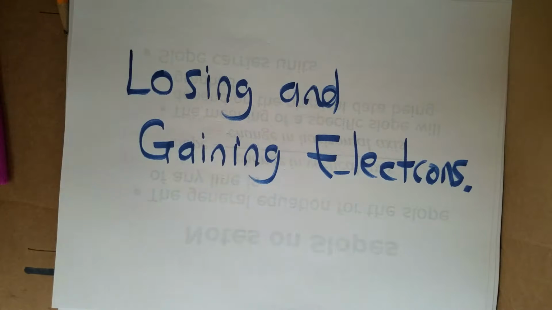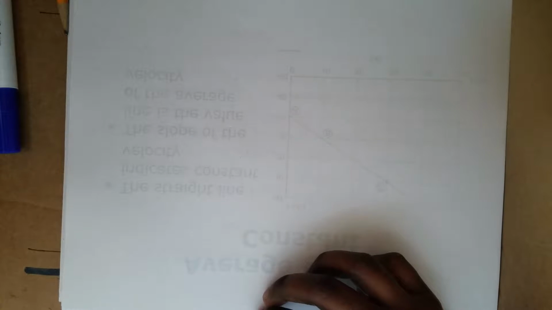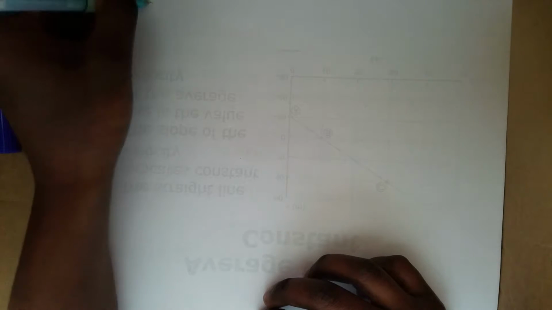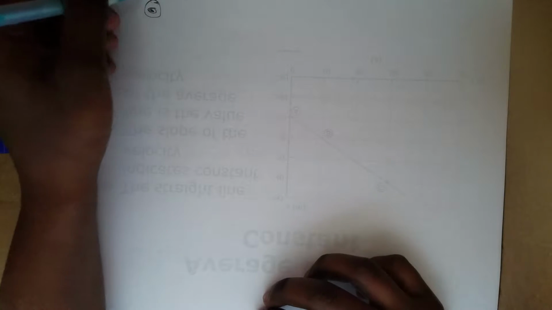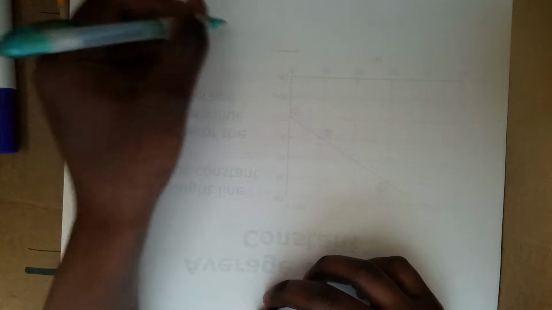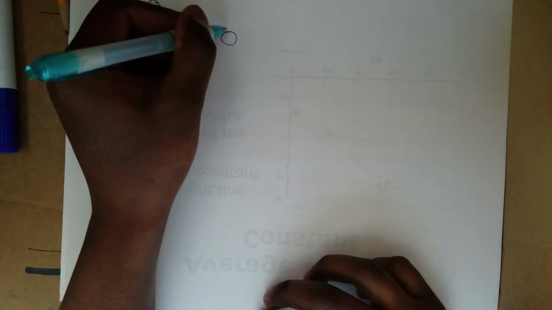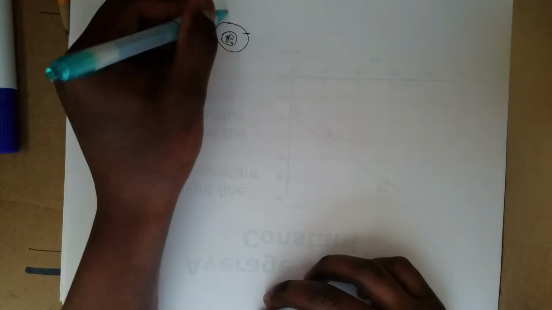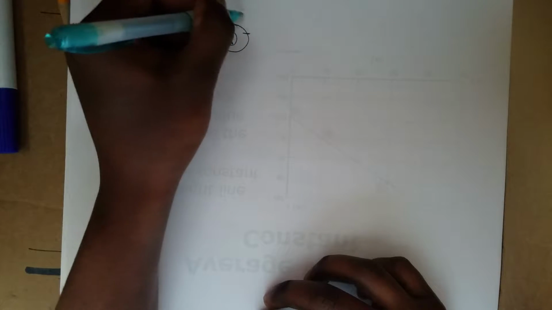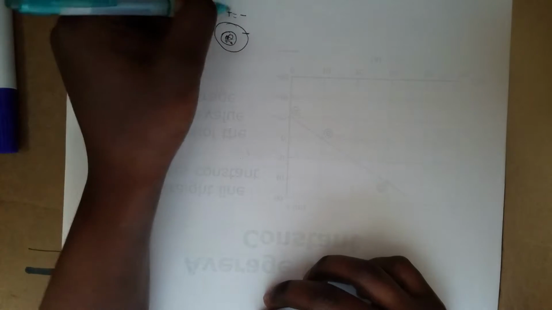Okay, so losing and gaining electrons. What are losing and gaining electrons? Sometimes an atom can become negatively or positively charged. When an atom is by itself, it's pretty stable because the amount of electrons is equal to the amount of protons.